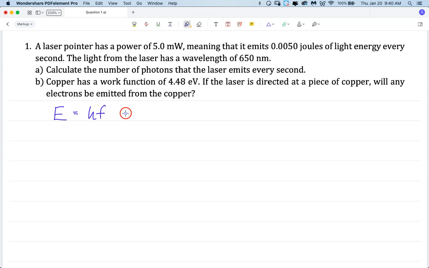So you're going to need a lot of these packets to make a total of 0.005 joules of light energy. I'm making this comment to say that the answer you get for 1A should be a very, very large number. It takes a lot of photons to make up 0.0050 joules because each individual photon has a very small amount of energy.